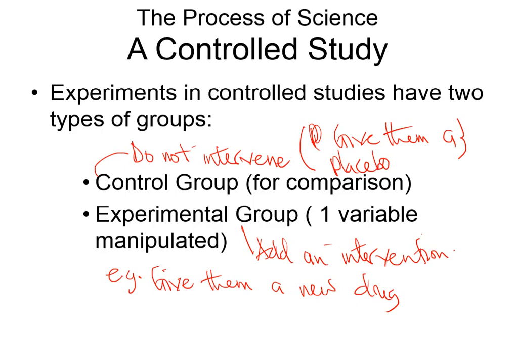So for a controlled study, we have two groups. One, we have control group. Two, we have experimental group. The experimental group is the one that you give your intervention to.